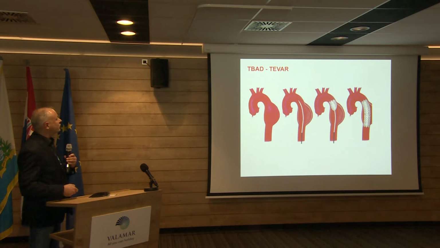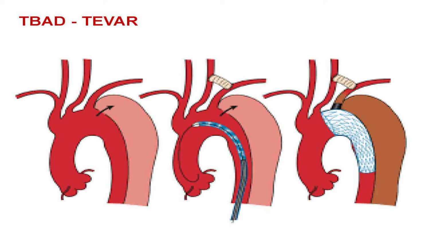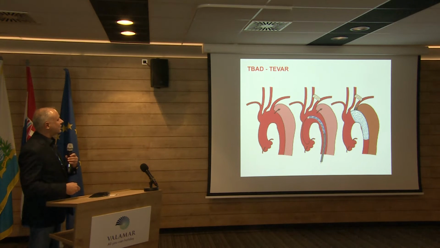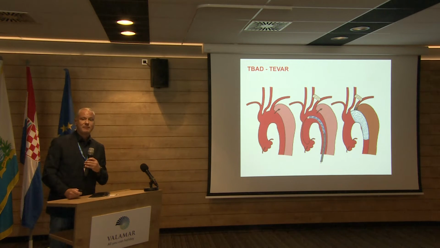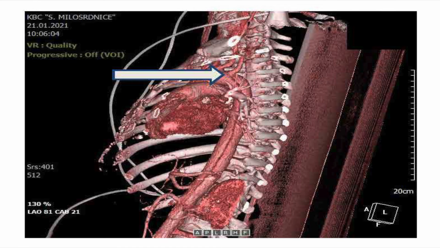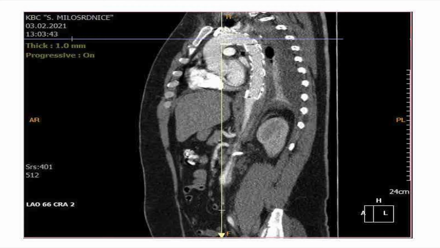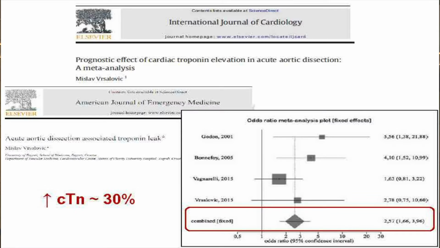The method of choice for type B complicated aortic dissection is TEVAR, and if the point of dissection is just near the left subclavian artery, we usually combine it with an extra-anatomical carotid-subclavian bypass to prevent spinal cord or cerebral injury. So this is our patient with type B dissection. We performed MRI, and there is an intimal tear just at the level of the left subclavian artery, and after TEVAR, everything went well.